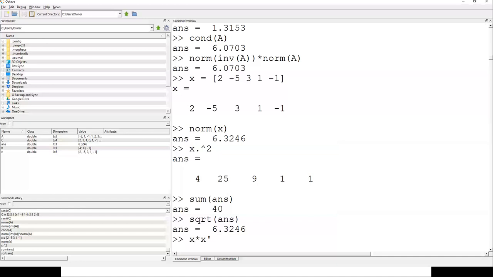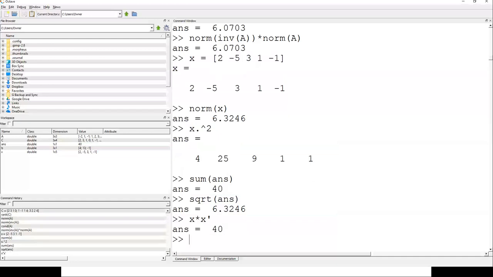So it's going to give me just one answer. It should still give me 40. Everybody see why that is so? The x was the row, x transpose is a column, multiply the two of them, first element, add to the second element, and so forth. That's how I get the 40.